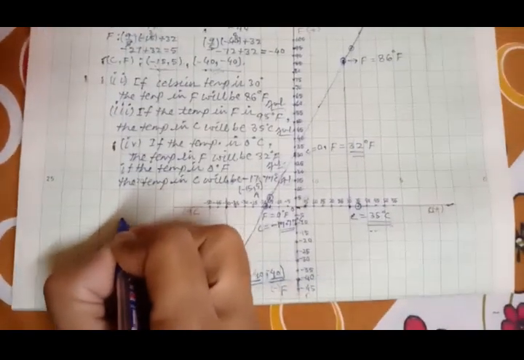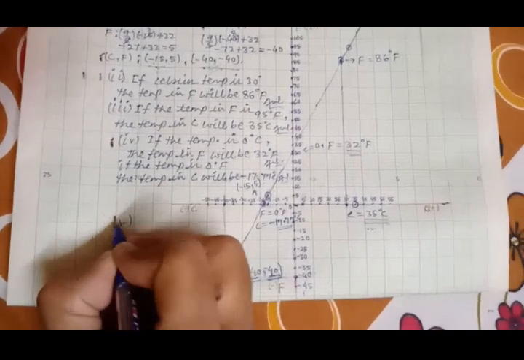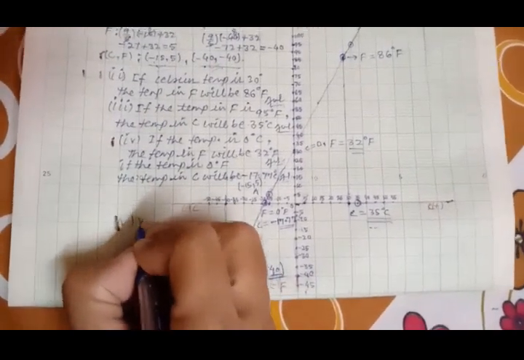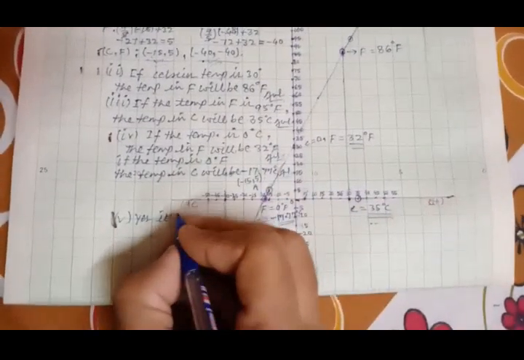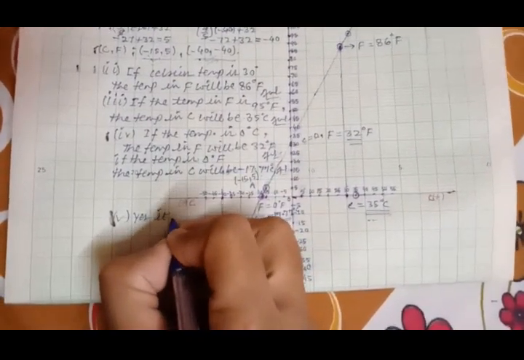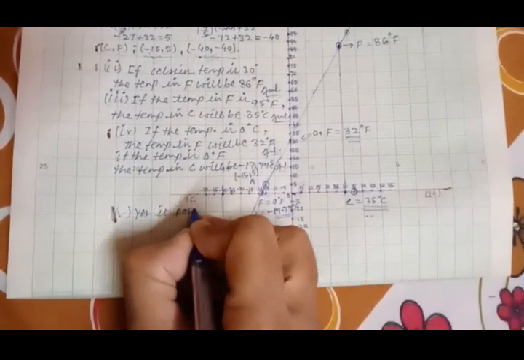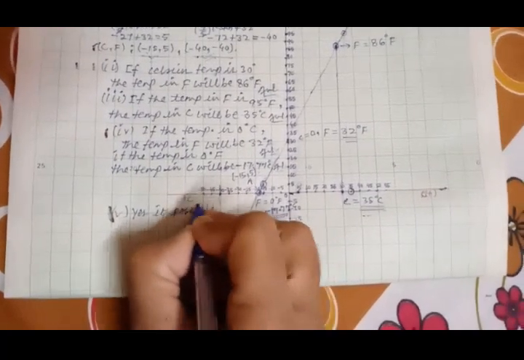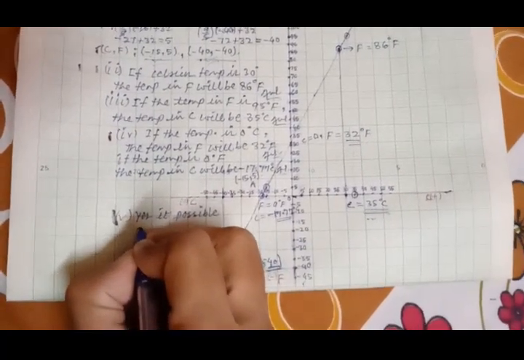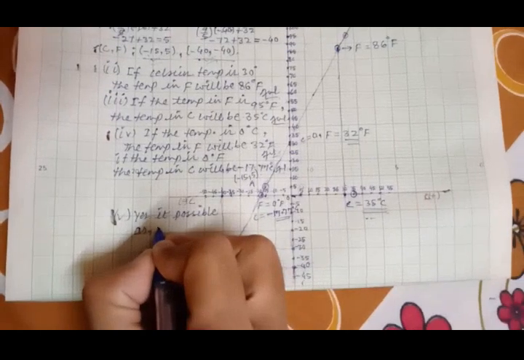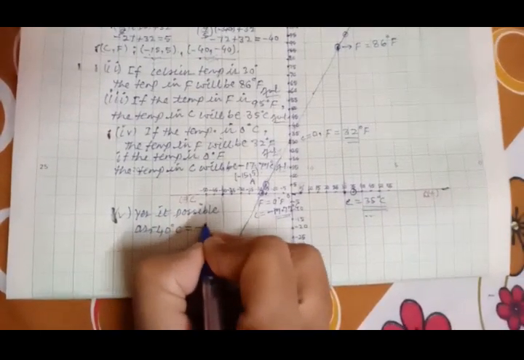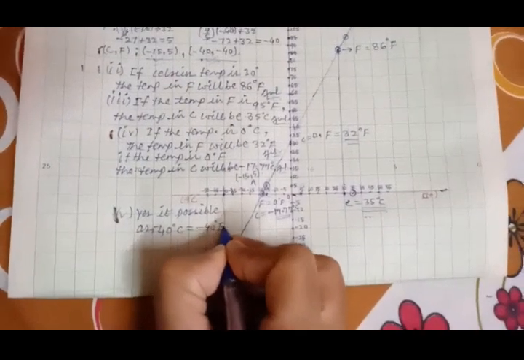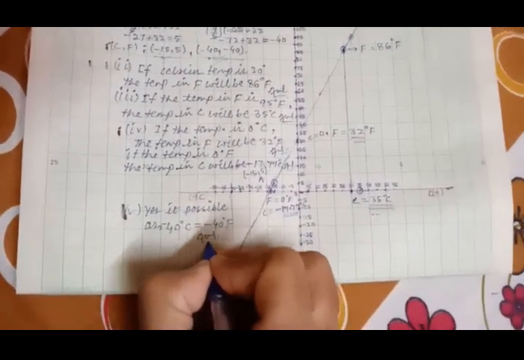So you may declare that yes, it is possible, as you checked earlier algebraically. Yes, it is possible, as minus 40 degrees Celsius equals minus 40 degrees Fahrenheit. That's your required answer.